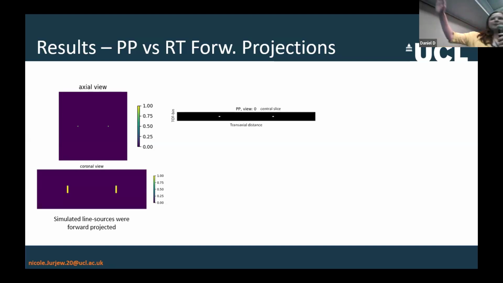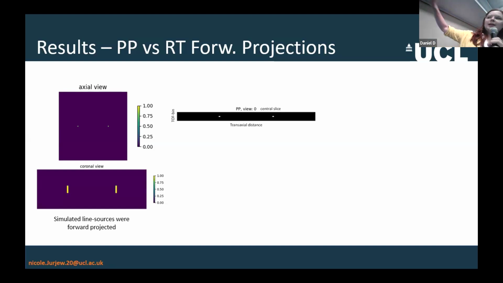So this is just to explain the following plot to you. We created forward projections of these line sources, and we then plotted the TOF bin over transaxial distance. This is specifically for view 0, and I'm always showing the central direct slice.